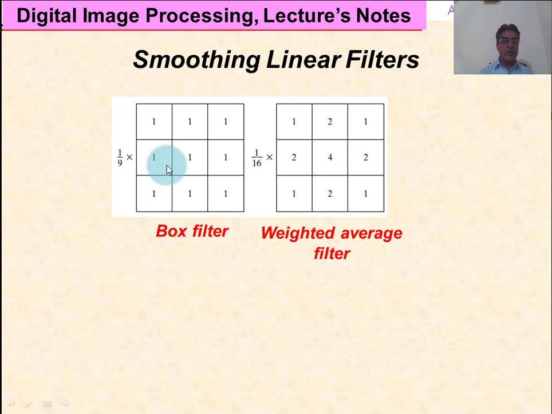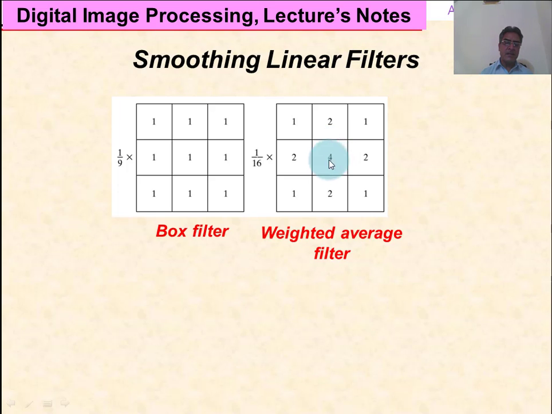If all the values of the cells are 1 and we are performing the average, then it is called the box filter, and this is the weighted average because we have assigned some weights to each pixel value, not the unit value but some weights, and the central weight is not similar to the other weights of the cells.